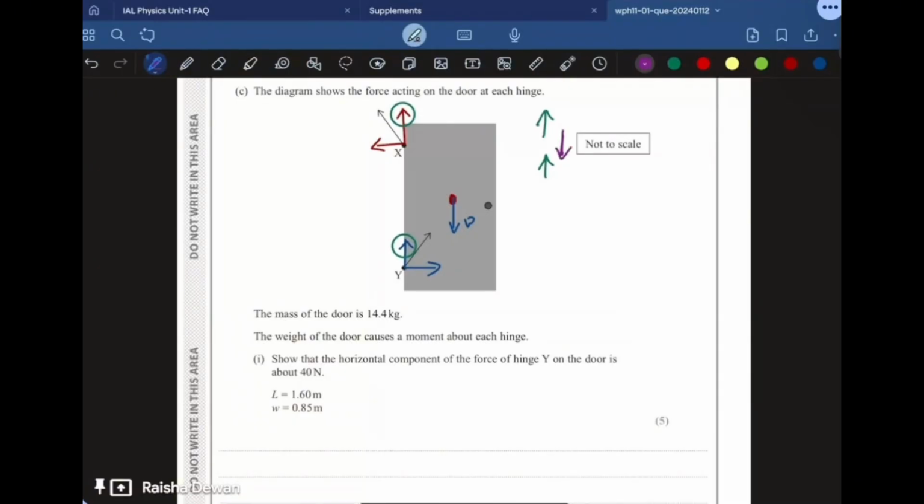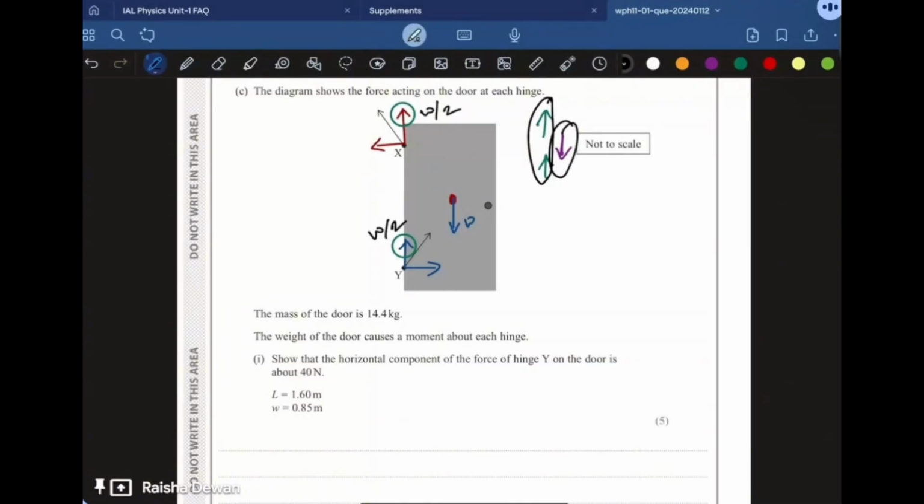So we can say that these two upward forces will balance out this one downward force, or what we can say, one downward force will balance out the two upward forces, right? So now this weight will be shared between these two vertical components of the hinge X and Y. So we can say this vertical component will be W by 2 and this vertical component will be W by 2, right?